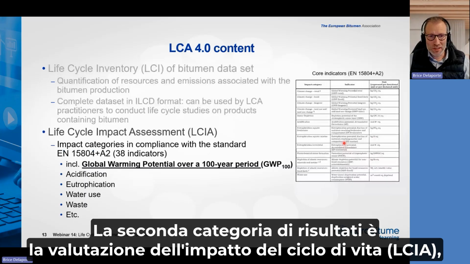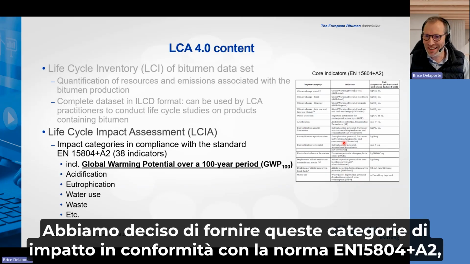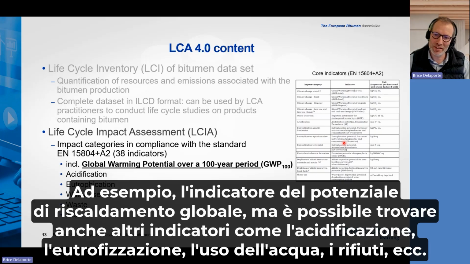The second result category is the life cycle impact assessment, LCIA, which is the transformation of the different flows in terms of emission or resources into impact categories. And we decided to deliver these impact categories in compliance with the standard EN 15804 plus A2, which specifies 38 indicators, including, for example, indicators related to climate change.